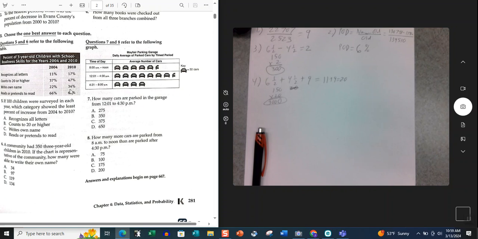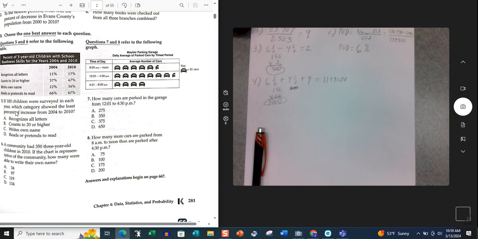Now we look here to see these increases here. Now we know from 11 to 17%, we went up 6 because we're doing percentages here. We have 37 to 47, that went up 10%. 22 to 34, that went up 12%. 66 to 67 went up 1%.